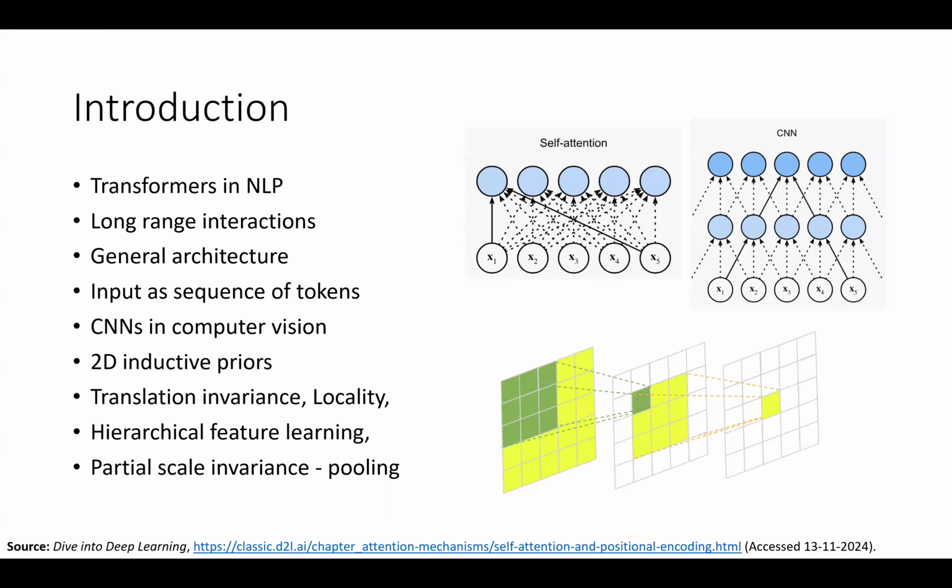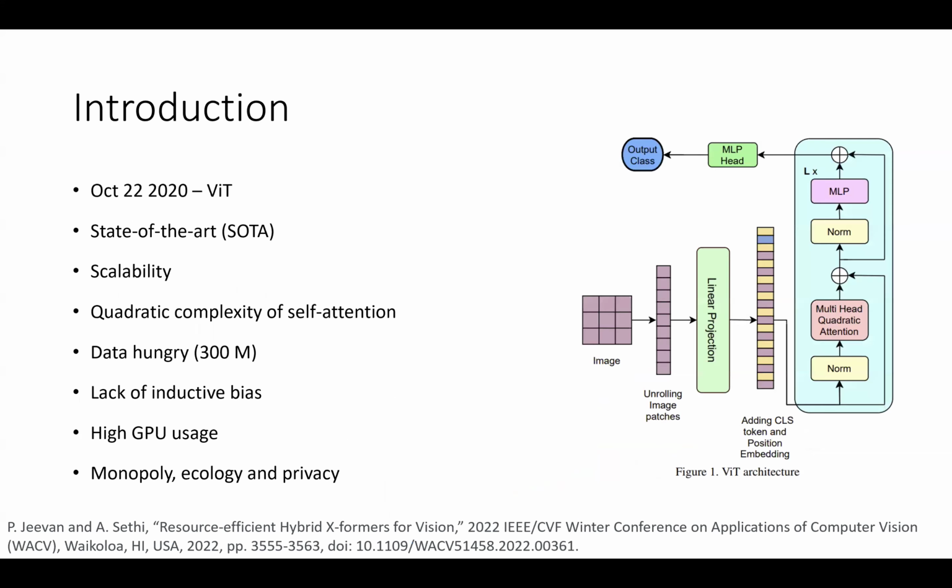But in computer vision, CNNs have been the most common architecture. CNNs have 2D inductive priors like translation invariance and locality, which enable them to exploit hierarchical feature learning, partial scale invariance through pooling, etc., to learn features and use them in a better way.